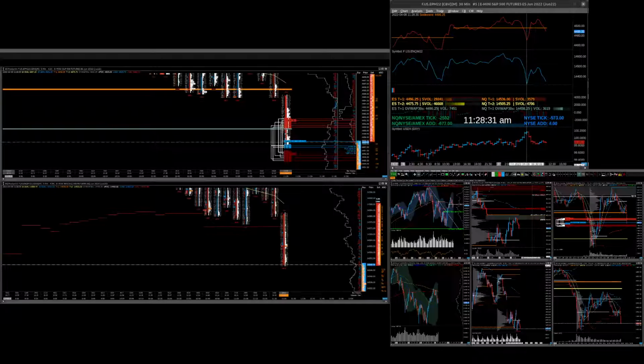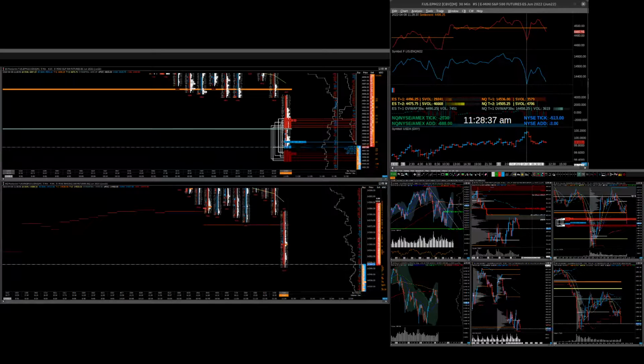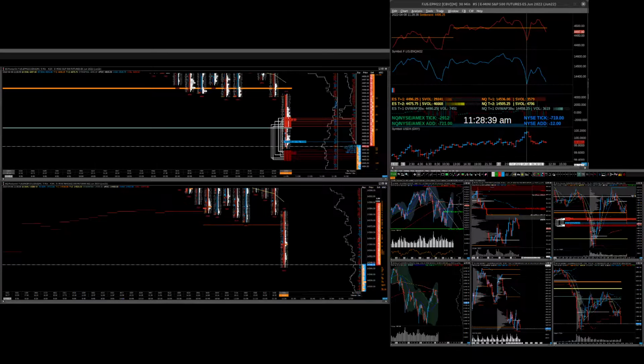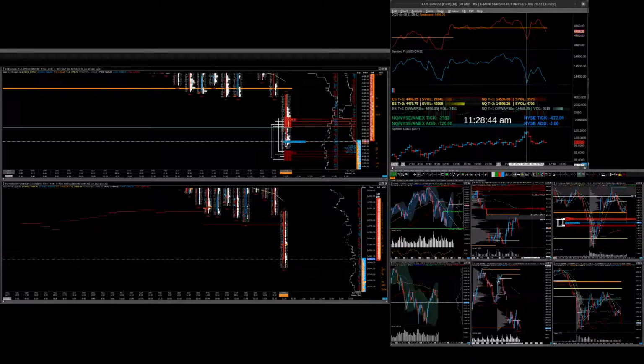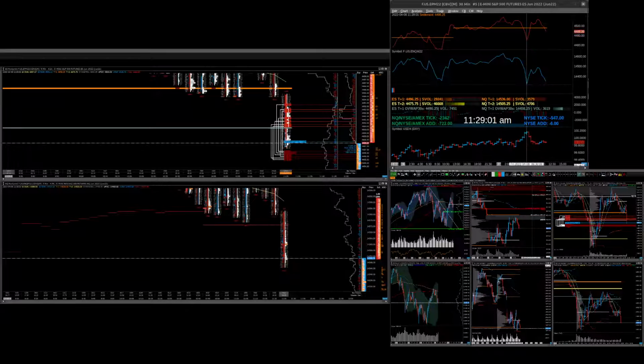A little bit of volume in here, let's see. Do or die for the bulls. Actually like a little scale out here. There you go. And up here.